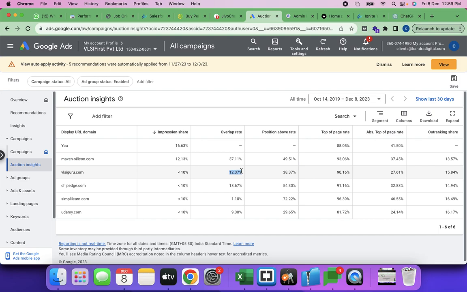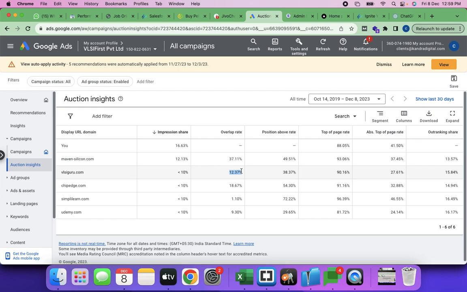The investment in ads, the number of years they are in the industry, the amount of effort going in for the last several years, investment in technology, everything is at a different level. VLSI first had a website on GoDaddy Builder, of no use, no conversions, no effort, nothing was done. And such a website, we built it to this level where they get so many organic leads, and then we eventually brought down their ad spend.